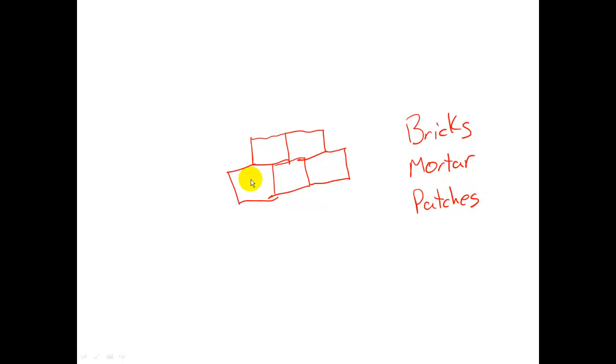So the bricks, sorry about the big letter there, the bricks are thrombin. The mortar that holds the bricks together is fibrin. And the emergency patches, in case we needed one, would be platelets.